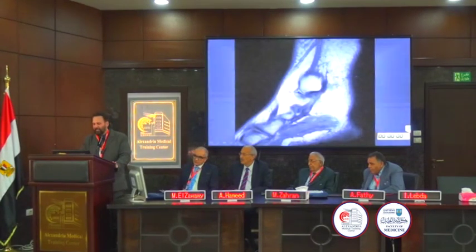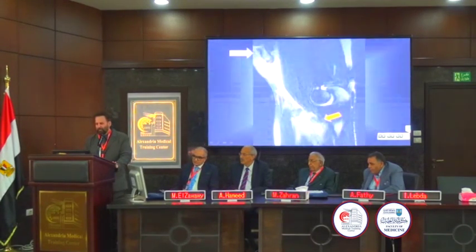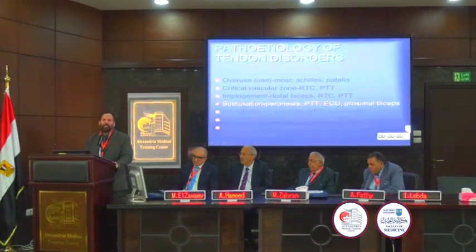So here's a PTT tear in the sagittal. Here's a biceps tear. And subluxation, peroneal tendon, extensor carpi ulnaris, proximal biceps. So ECU subluxation, PTT dislocation.